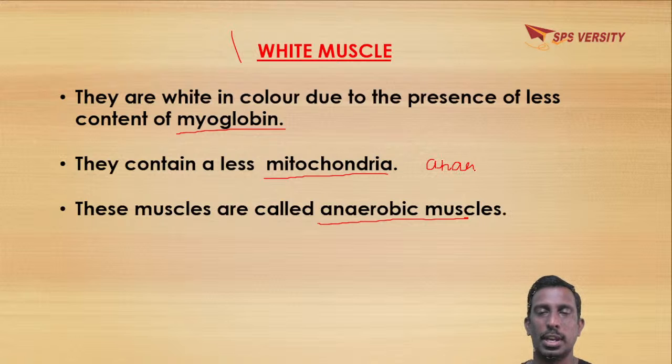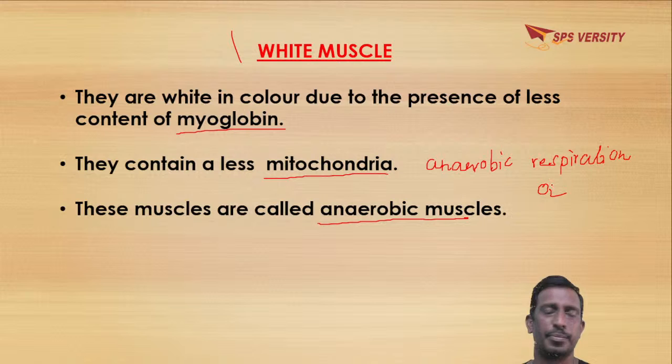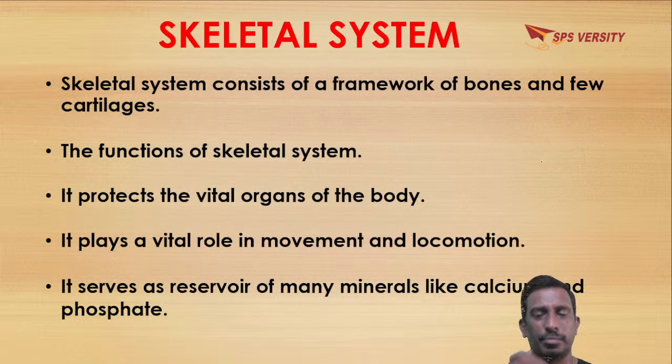As they show anaerobic respiration, they are called anaerobic muscles. Anaerobic respiration means respiration done without oxygen, which is seen in white muscles which have less mitochondria.